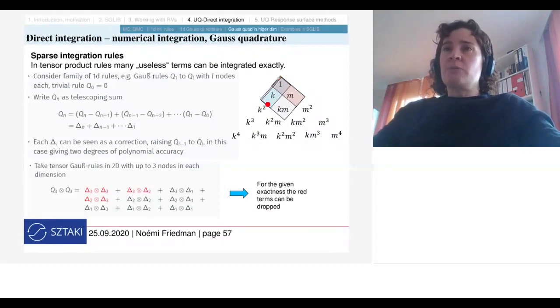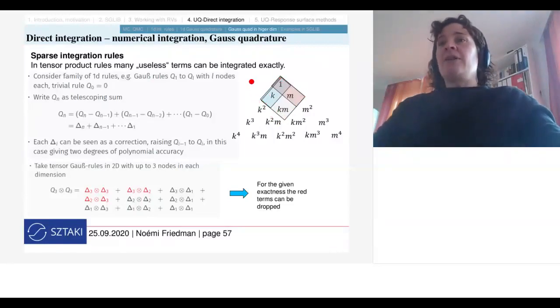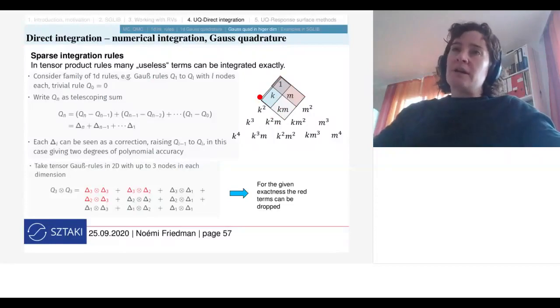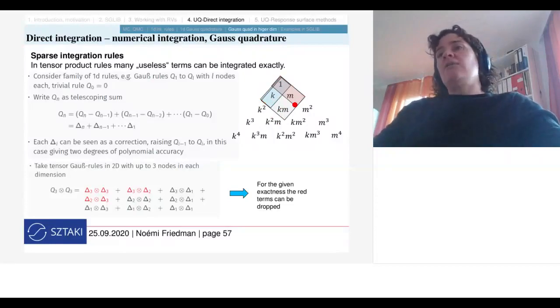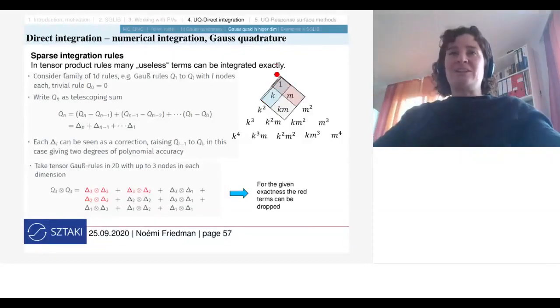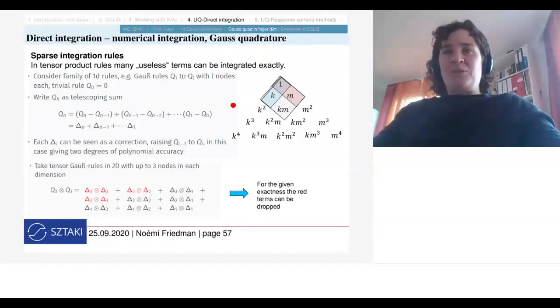So with the full tensor product, I can integrate all of these polynomials and any linear combination of them exactly. Now, the idea, if I only want to go up to degree 1, then let's say I only want to integrate everything which has total degree 1. So I don't want to include this term here. I only want this Pascal triangle that you may have seen already in your finite element background. And this is what a solution is for that: to use these sparse integration rules.